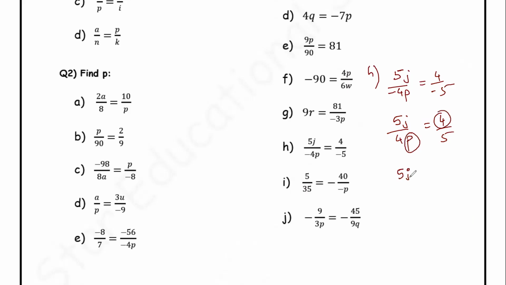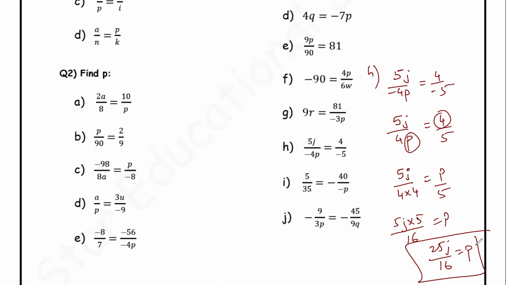So 5J upon 4 into 4 is equal to P upon 5. And remember to put 5 next to 5J. So 5J into 5 upon 16 is equal to P. That's 25J upon 16 is equal to P. There's no cancellation taking place. Okay, that was H.